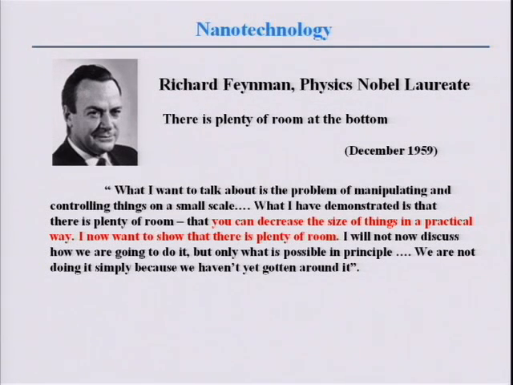He described the importance when you decrease the size of materials, the size of objects, to really, really small. You can do something new. You can do something important. So I highlight this sentence right here: you can decrease the size of things in a practical way. I now want to show that there is plenty of room. What he means by plenty of room is there are plenty of things you can do in this size scale.